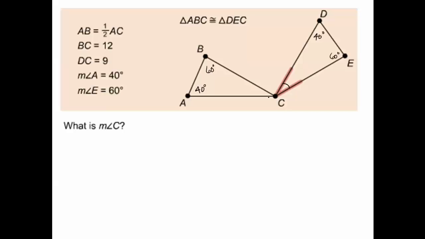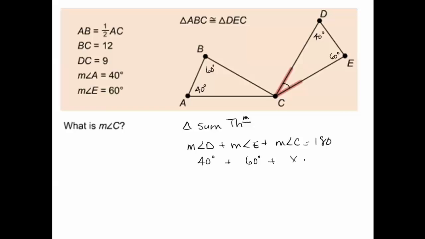So to figure out this measure right here, I use that triangle sum theorem. And remember, that is telling me that the measure of angle D plus the measure of angle E plus the measure of angle C is going to equal 180. So D is going to be 40, E is 60.